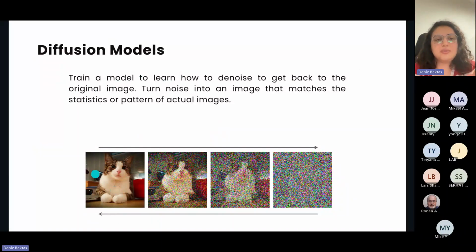This is basic. The model adds noise to the image little by little, and after all you can see is the noise. Then it denoises it to get back to the original image.